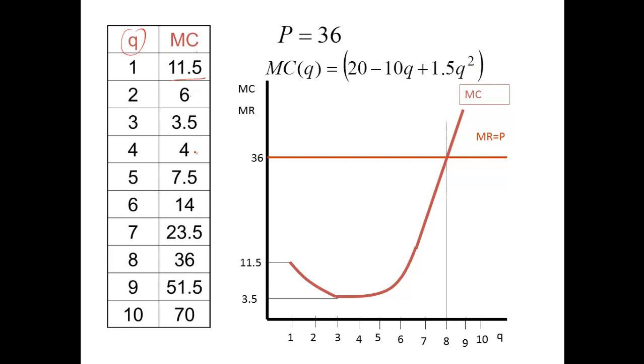What we're looking for is the quantity where MC equals MR, or P. We know here that P equals 36, and so if we draw in this demand curve for the firm at 36, and we draw in this marginal cost curve, we see where they intersect is at this point, 8 units of output. You can also see it in the table. When Q equals 8, MC equals 36. And so indeed, 8 is the answer. That's the quantity of output that maximizes profit for this firm.